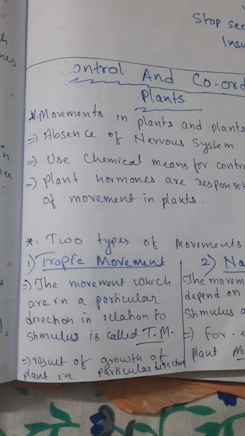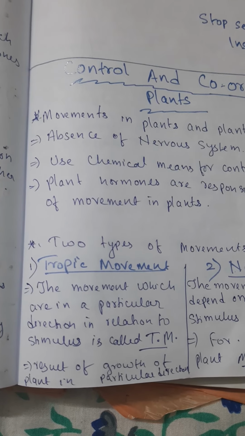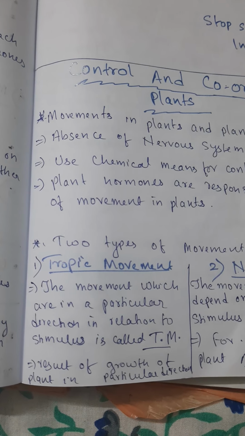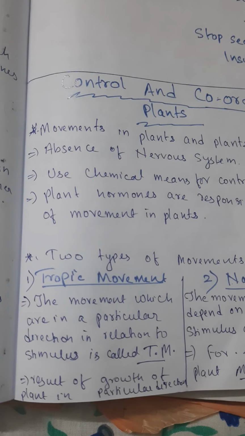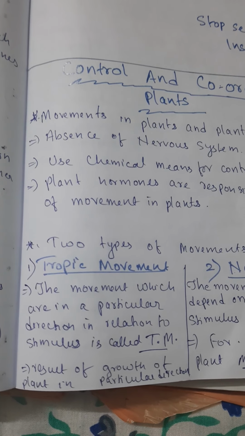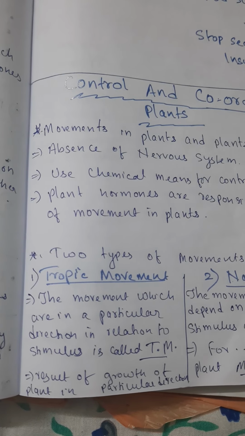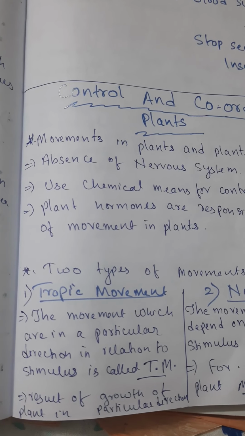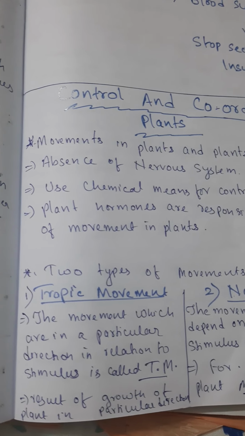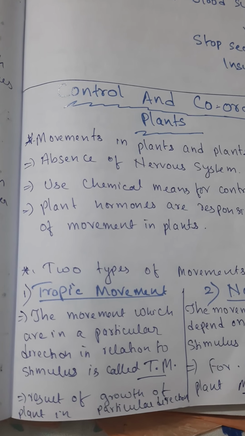The result of growth of plants in a particular direction. That is, when plants grow towards a particular direction, responding to the external factor, that is stimulus, that type of movement in plants is called tropic movements.